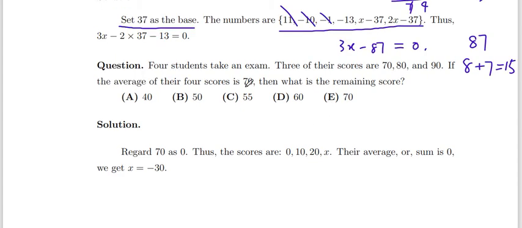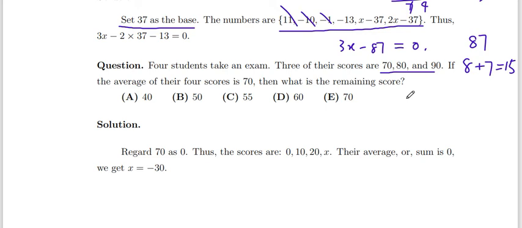So for those kinds of problems, we just use the base number. Suppose four students take an exam and their scores are 70, 80, 90. If the average for those 4 is 70, what should the remaining score be? We can put 70 as the baseline.